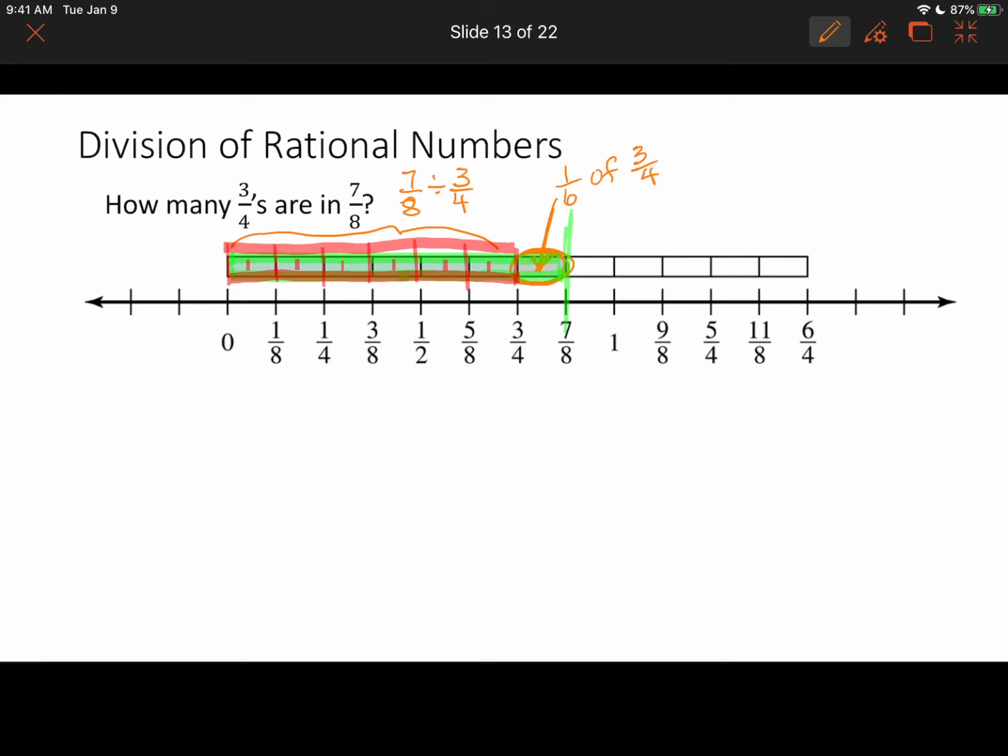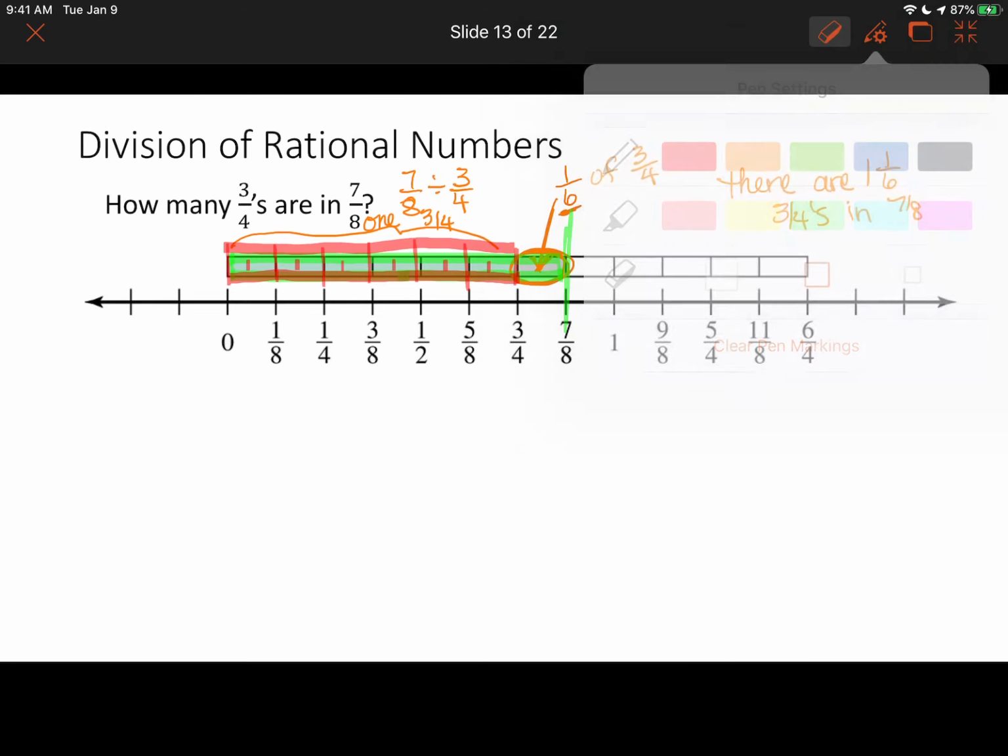So how many 3/4 are in 7/8? Well, here is 1 3/4, and here is 1/6 of 3/4. So in total, there are 1 and 1/6 of 3/4 in 7/8.